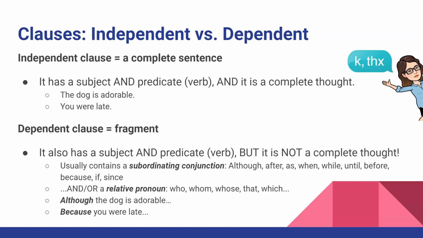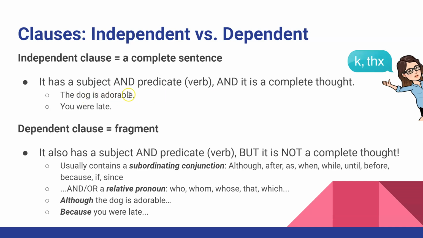In case you need a review, here's the main difference between independent and dependent clauses. Independent clauses can stand alone, they're independent, and they are basically a complete sentence. They have a subject and a predicate verb, and the reason it can stand alone is because it's a complete thought.